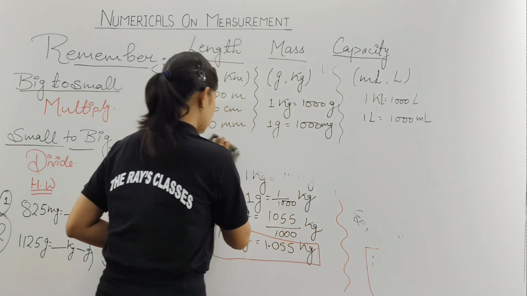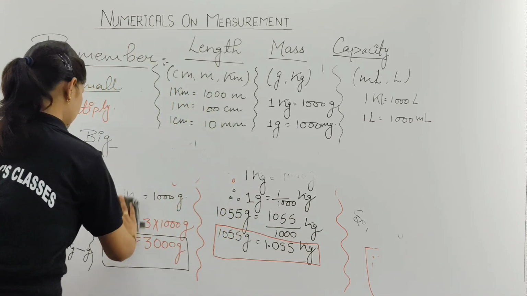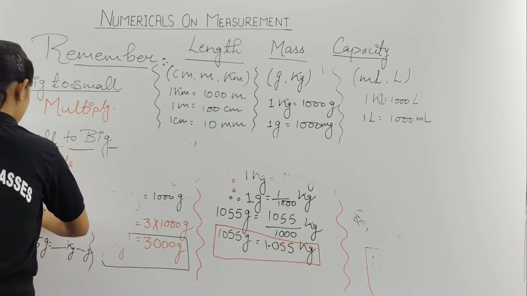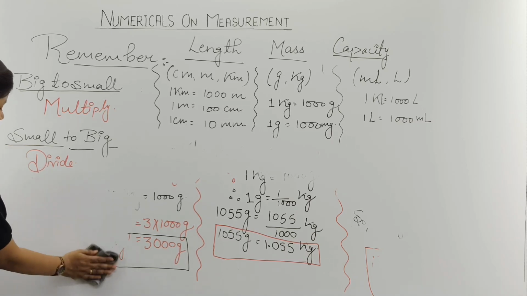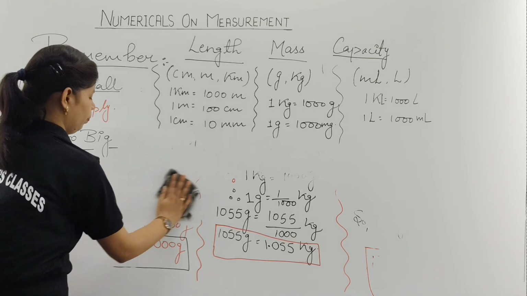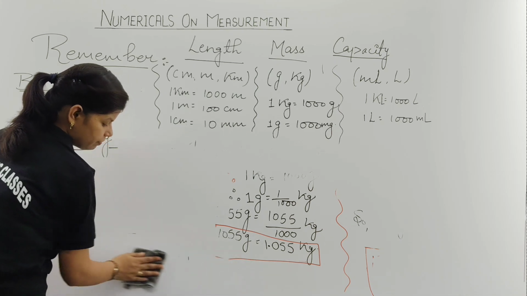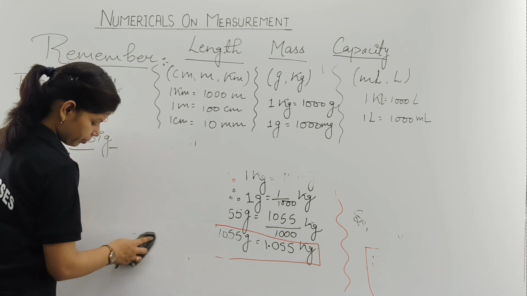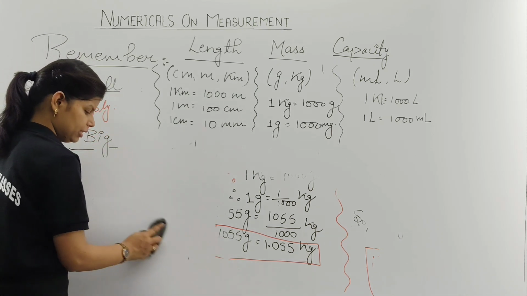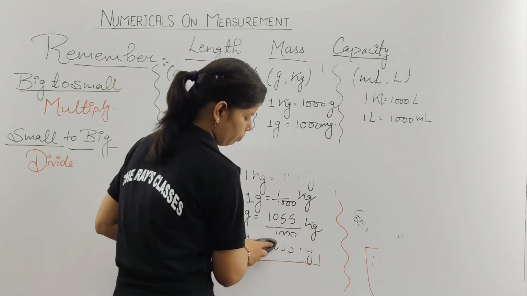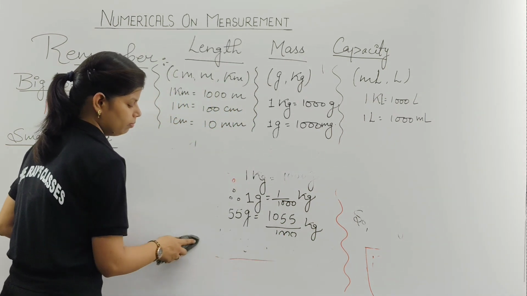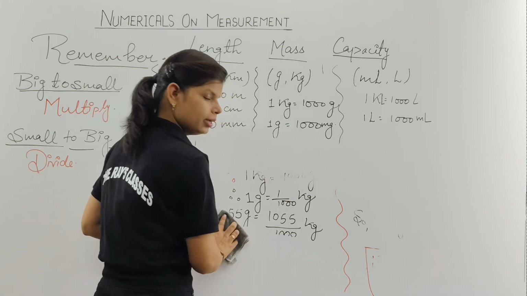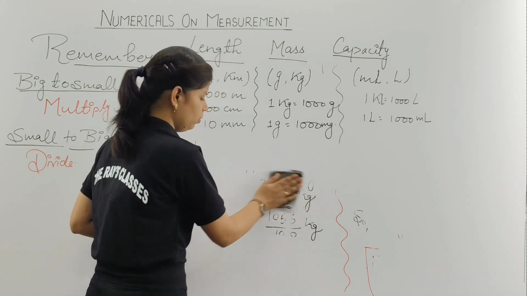Clear? So next conversion we are going to do in case of length. I am going to erase this homework as well because this is for mass. Another work I will give you for length and for capacity too. Children, please revise with me the same. Milli, centi, deci, meter, deca, hecto, kilometer. For the second one, milli, centi, deci, gram, deca, hecto, kilogram.